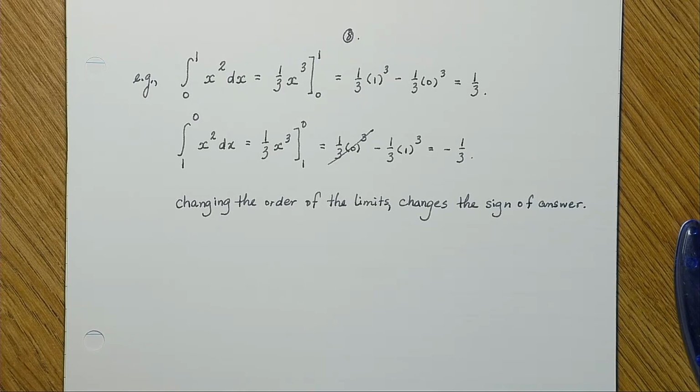So is everyone okay with that? If I change the order of the limits, I get a negative sign now.